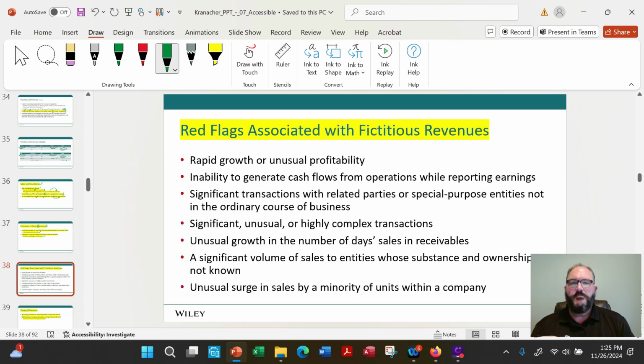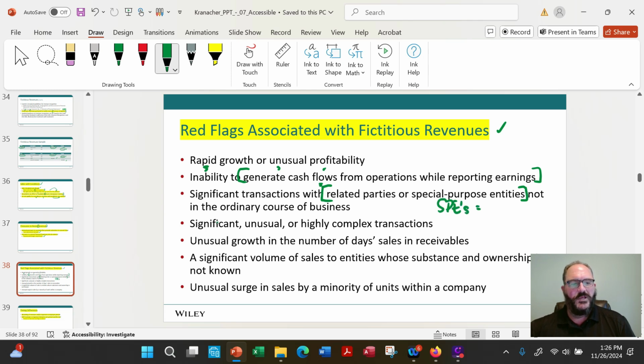Okay. By the way, they talk about a lot of red flags. So, rapid or unusual profitability. Okay. Inability to generate cash flows from operations while reporting earnings. Like, how do you generate cash flows from operations, right? If you can't do that, you're not going to have earnings. Significant transactions with related parties or special purpose entities, SPEs.